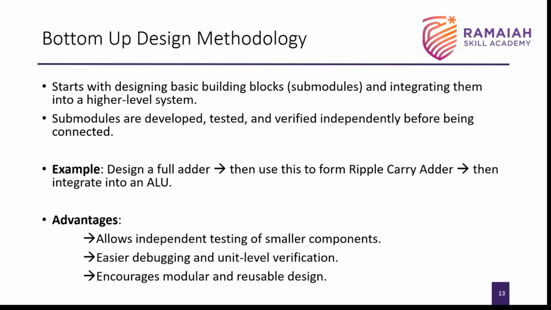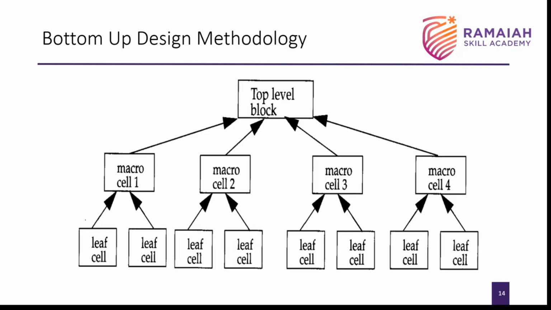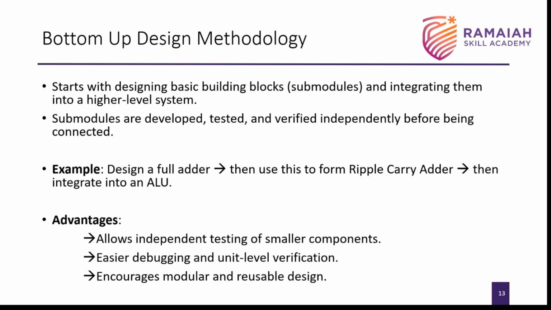So bottom up design will allow you to test independent, smaller components, and then unit level verification. Okay, so this is how first you design the gates and then the full adder, and then use it to form the ripple carry adder, then into the ALU. Okay.